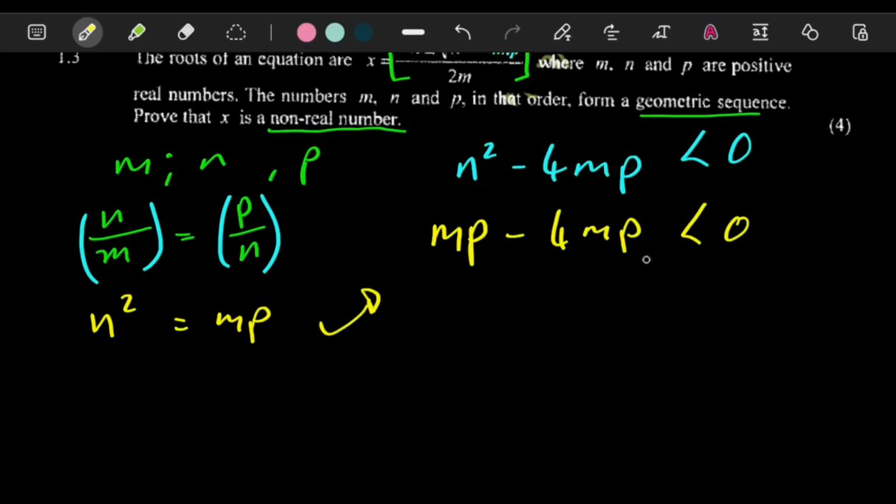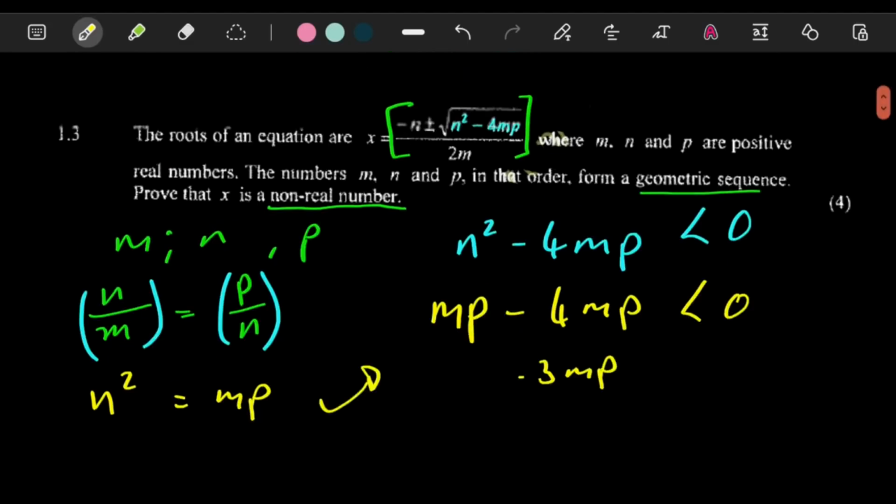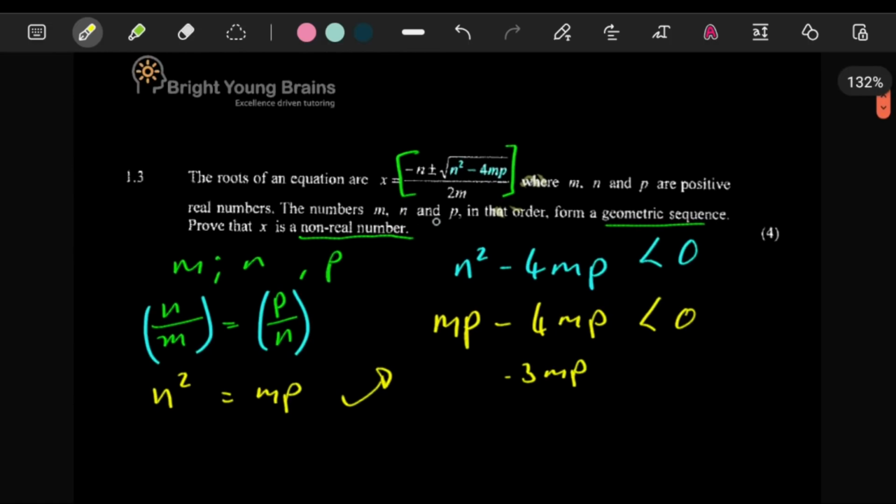One way or the other, you want to prove that this expression is valid. So 1 minus 4 is negative 3mp. They told you that m and p in that order form a geometric sequence, but then they say they are positive.